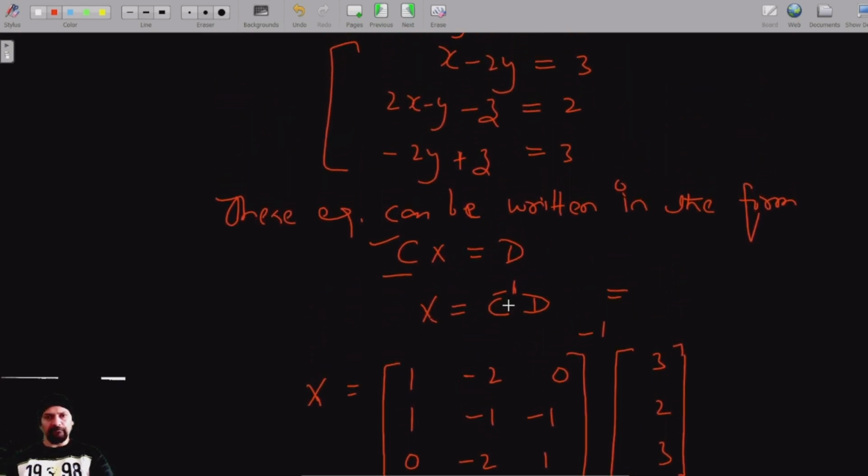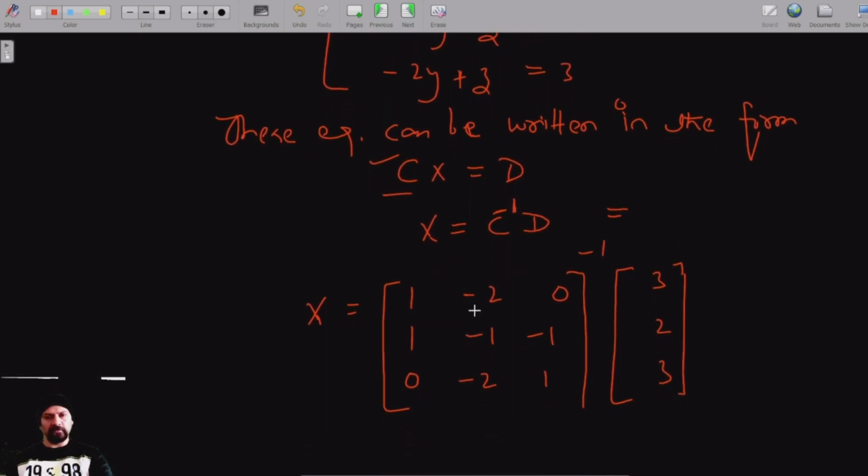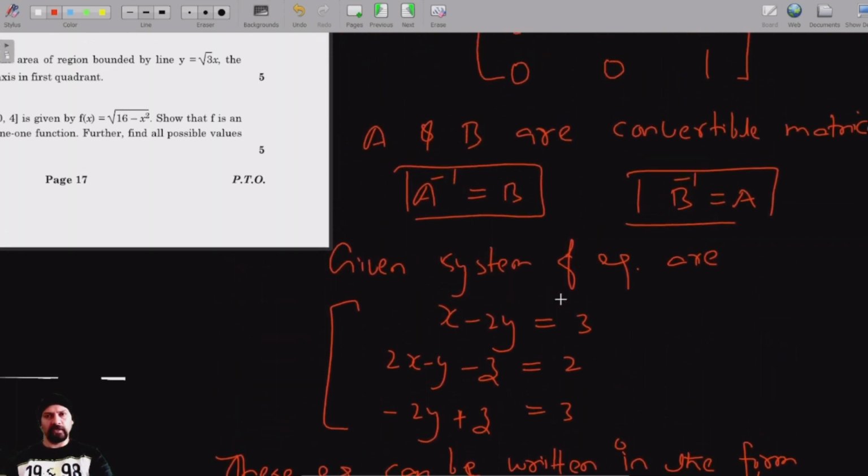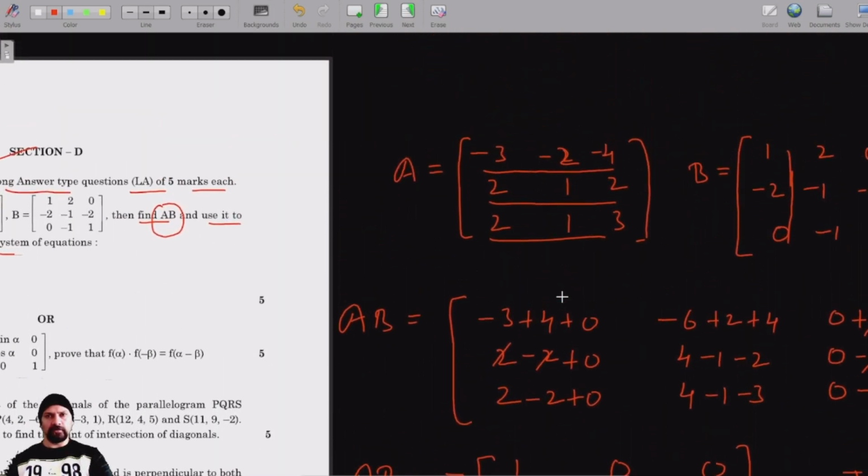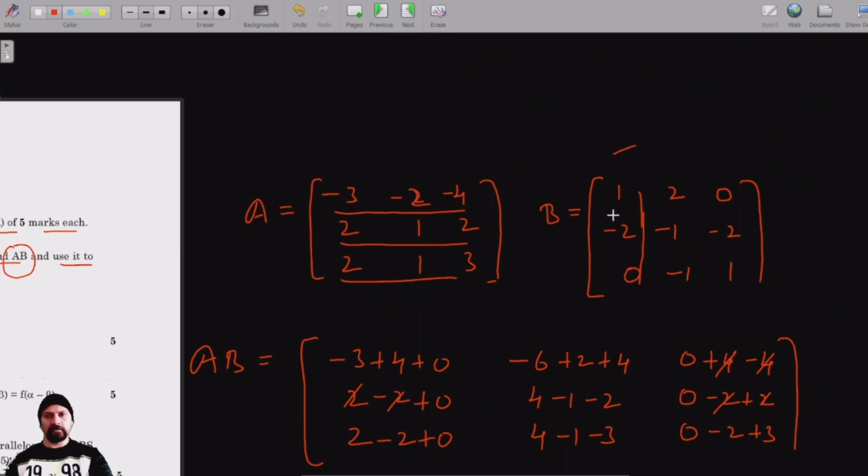Okay, now if we have a close look at the C matrix, that is 1, minus 2, 0, and the B matrix.